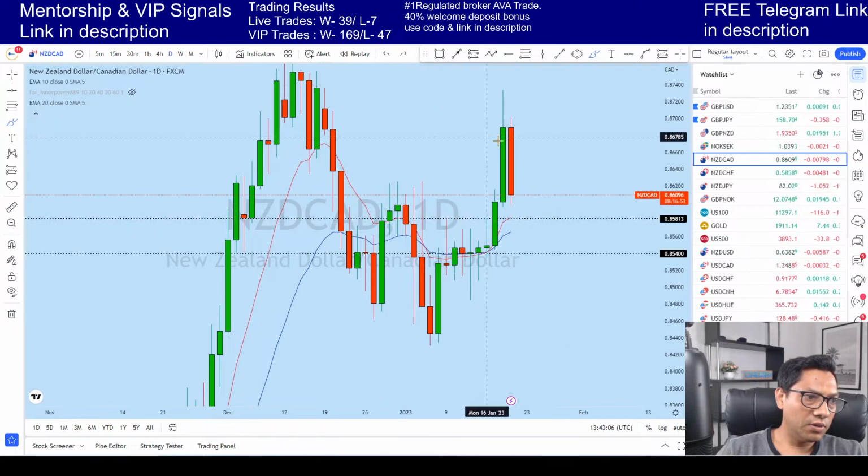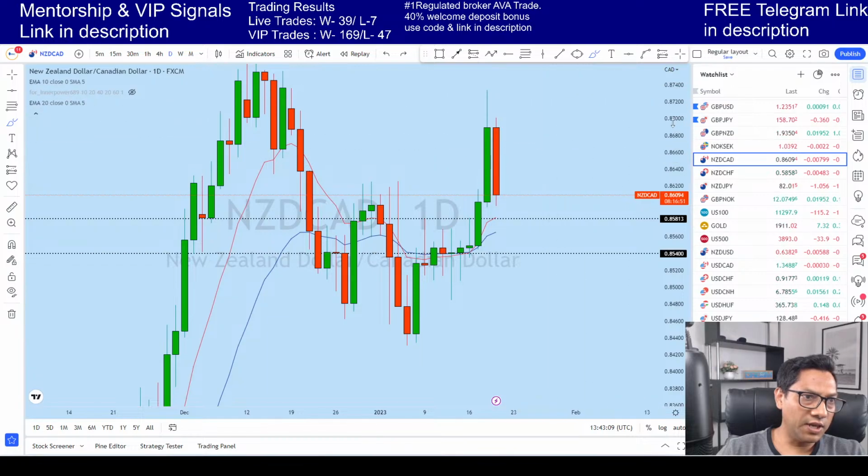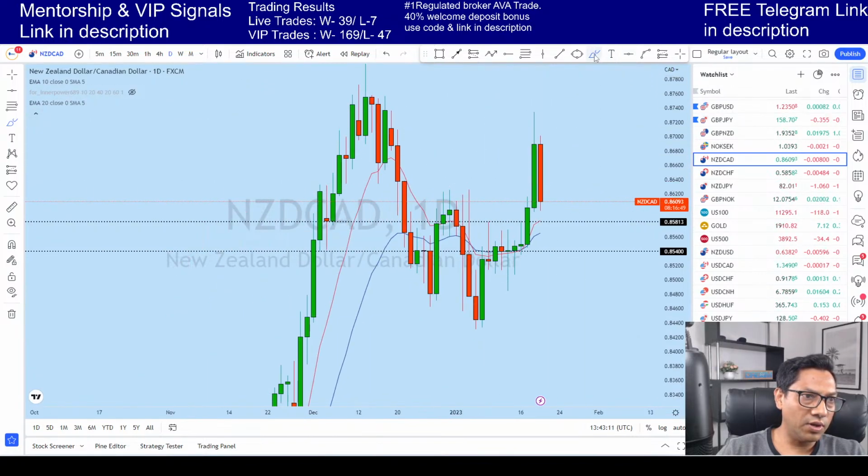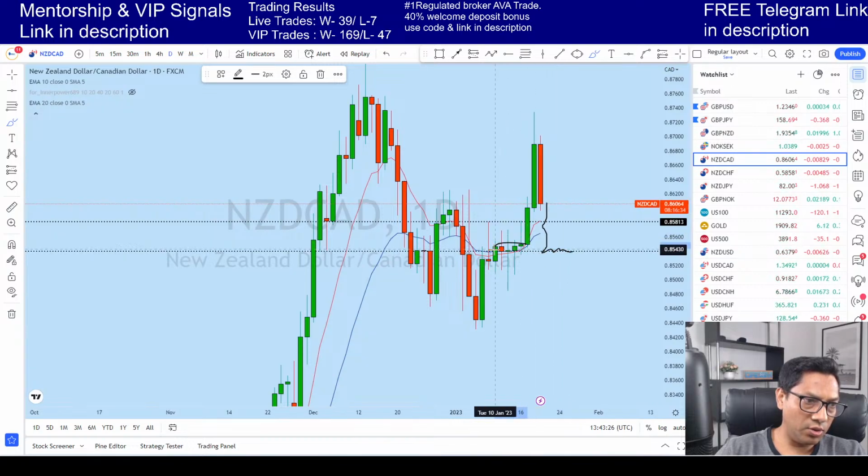Basically on NZD-CAD, you can see there is a big impulse, and I think this market will come back. Normally this is what happens when you see this kind of impulse. This market normally comes to the zone where there is a huge liquidity, and from here we might see another bullish move.